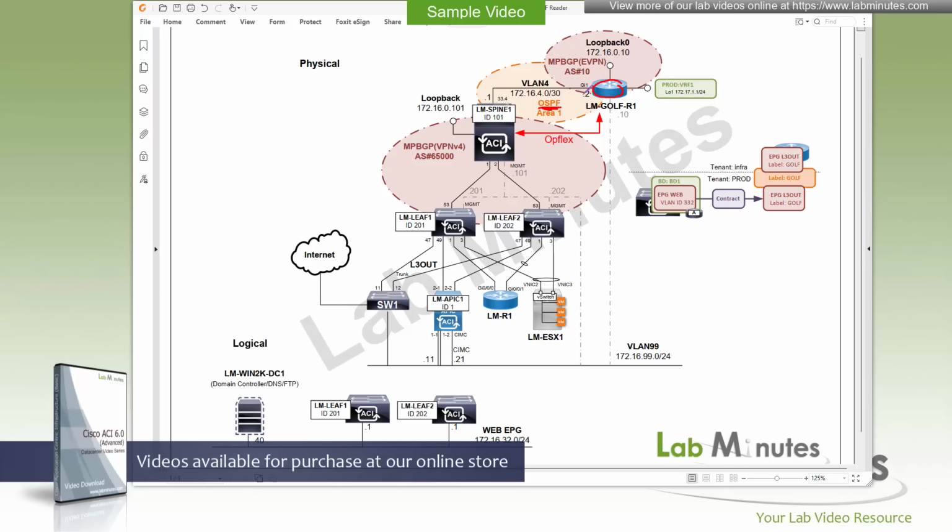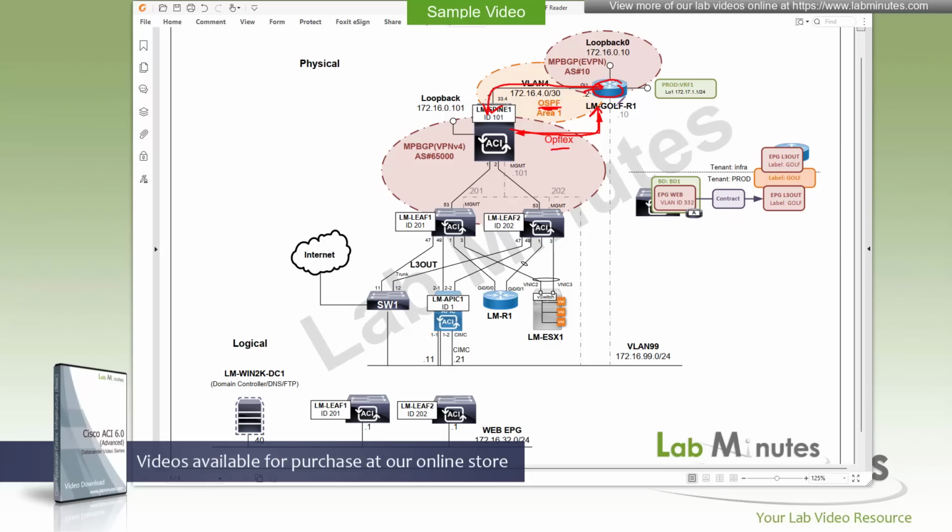Once it learns the underlay routes, the Golf router will peer with the spine via MP-BGP EVPN and exchange the overlay routes. So there will be a BGP session between the Golf router and the ACI spine. Additional parameters such as the VRF name, bridge domain number, or VNI are sent from ACI to the Golf router via a protocol called OpFlex, and this is completely out of band, so the router can correctly apply the configuration for each of the segments.